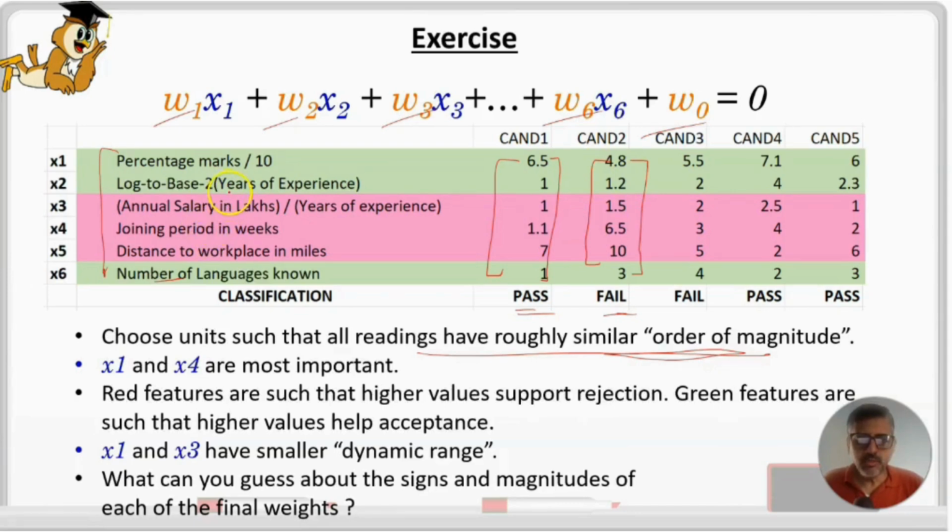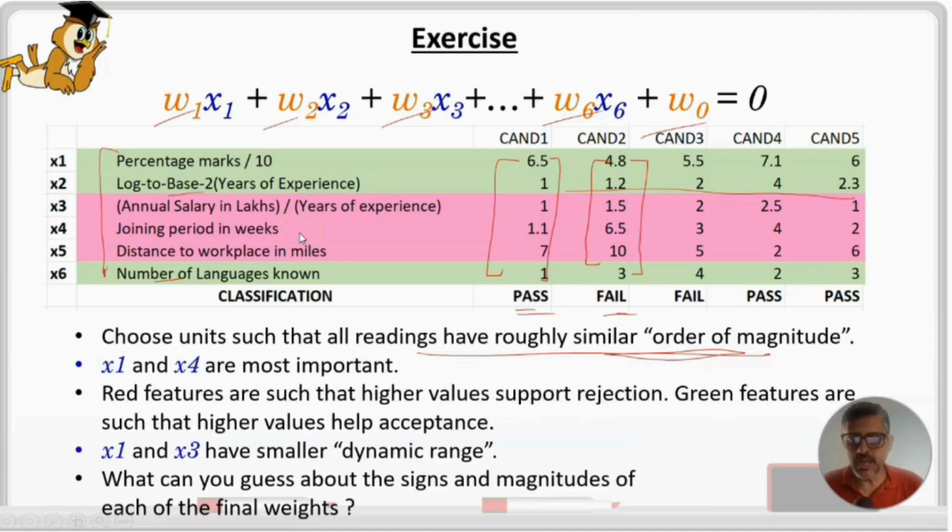For the years of experience, I just want you to take a log to the base 2. And depending upon what sort of candidates have applied, again, these would be real numbers less than 10. Similarly, the annual salary in lakhs divided by years of experience. This is a ratio. Let's just keep it as is. Joining period in weeks. Let's calculate the joining period not in days or hours.